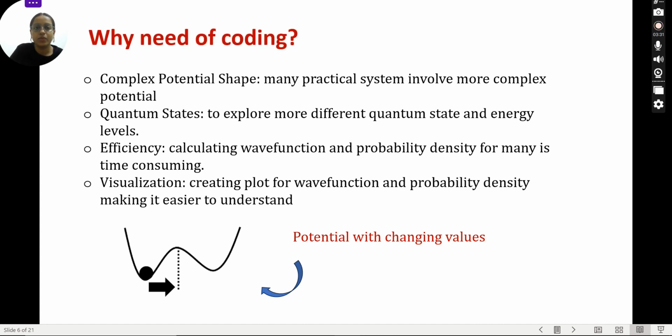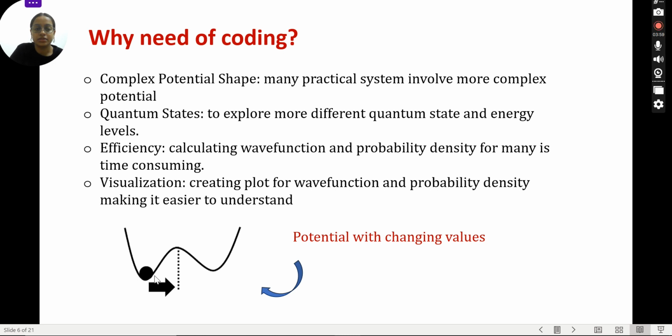So why do we need coding? The first most important thing is complexity. Practical systems are very complicated. They might have very large perturbations, and it may not be as simple as a 1D well, where the potential is 0 throughout the well from 0 to L. But in reality, there are many perturbations.